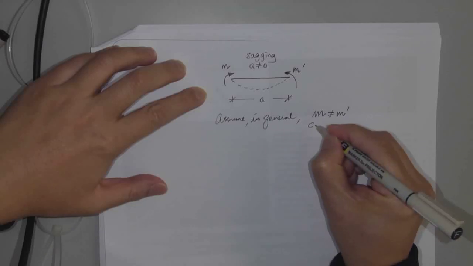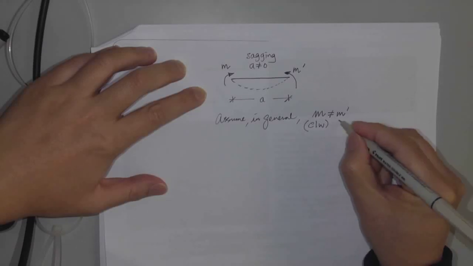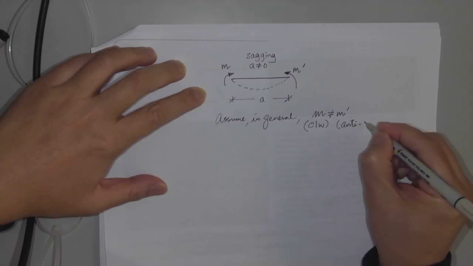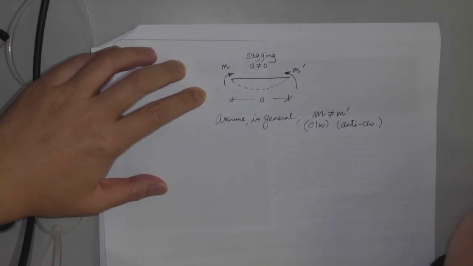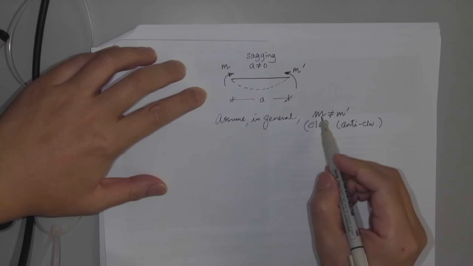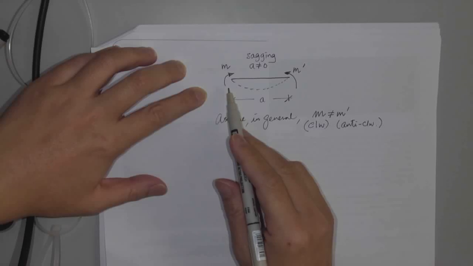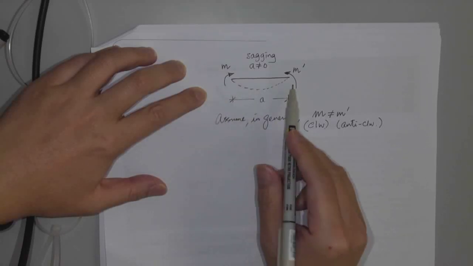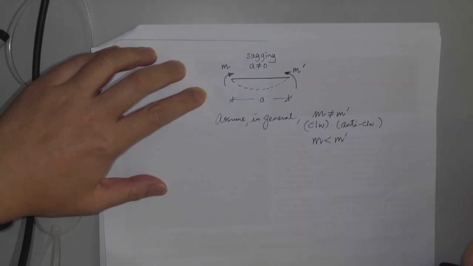So if these two values are not the same, then what happens? M is clockwise, so this is clockwise. M prime is anti-clockwise. Right? So if I say they're not the same, and if I assume that M is smaller than M prime, what does that mean?